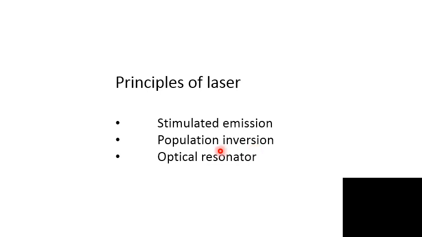In this lecture, we will study it again as a revision, with a little more explanation. The last topic will be the optical resonator. These are very important for the laser, and if we have all of these, then we will be able to get the laser.